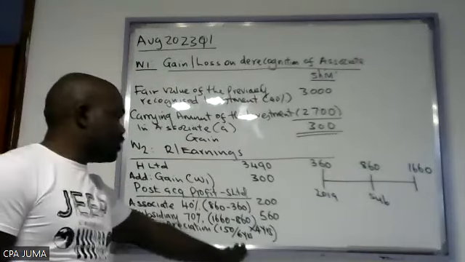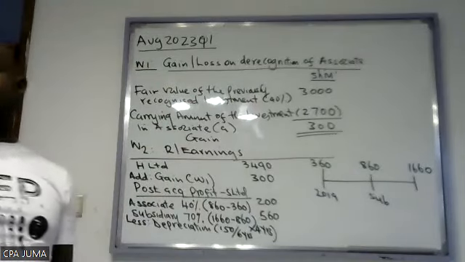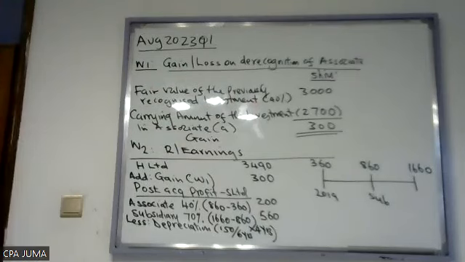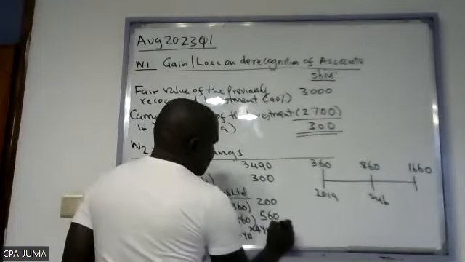So how much? 150 divided by 6 times 4. That is 100.